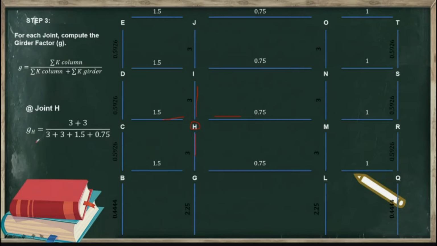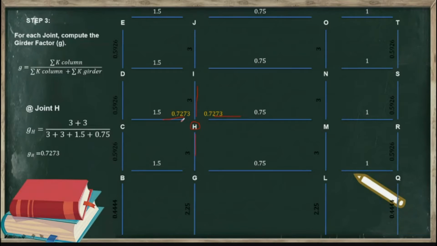So, makukuha natin na girder factor sa H is 0.723. So, yung girder factor natin is ito siya. Yung mga nakadikit sa H, ito yung mga factors natin sa girder natin.